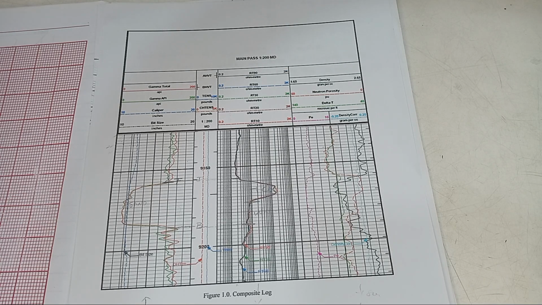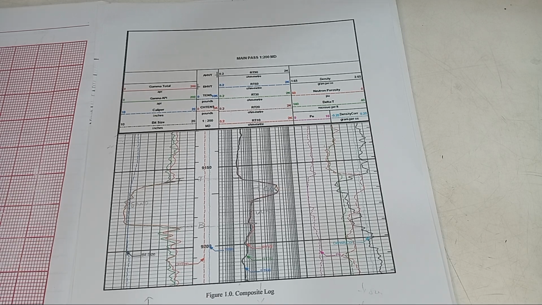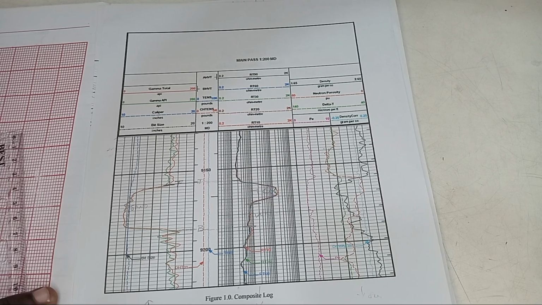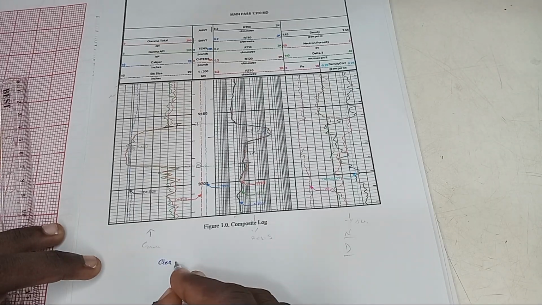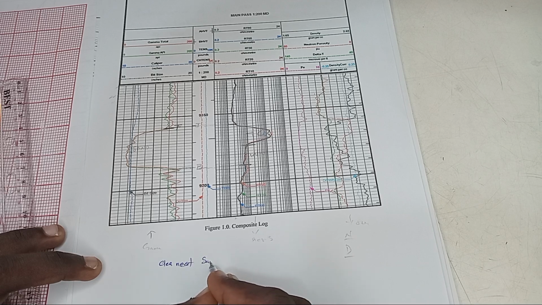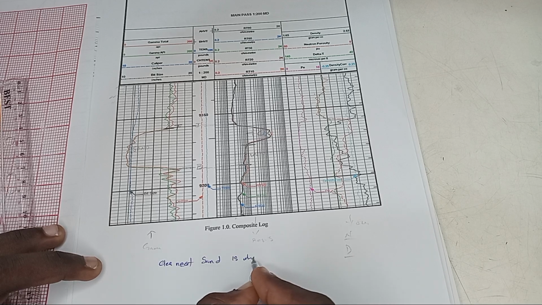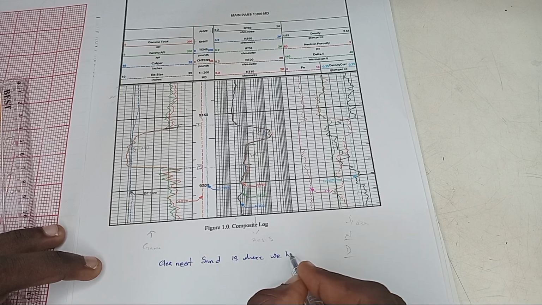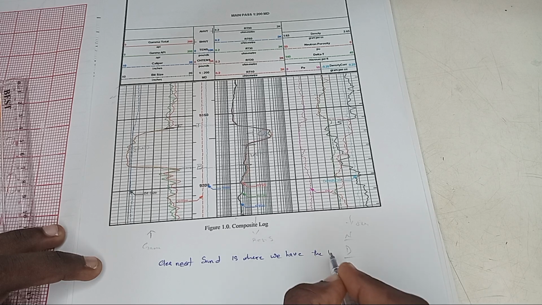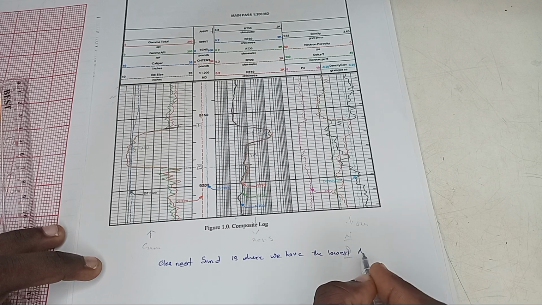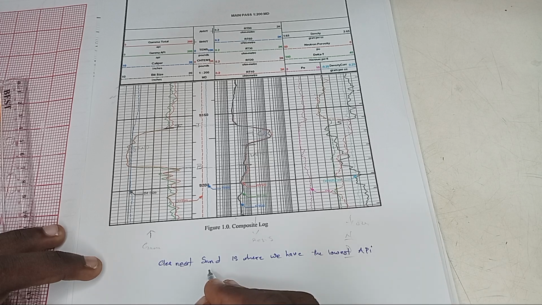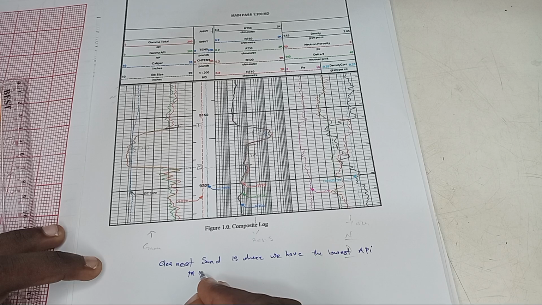At what point do we have the cleanest sand? The cleanest sand is where we have the lowest API in our reservoir.